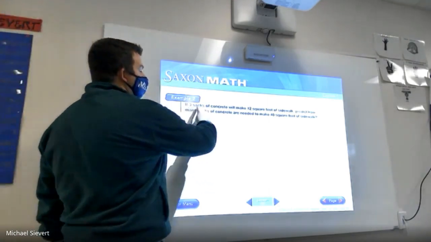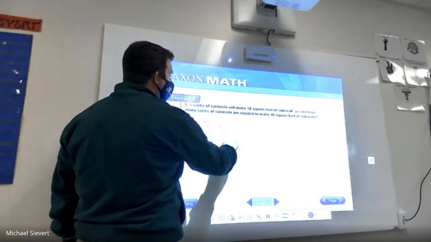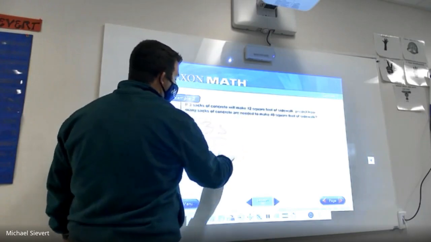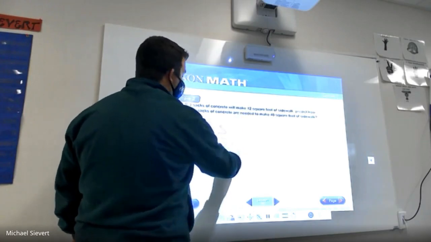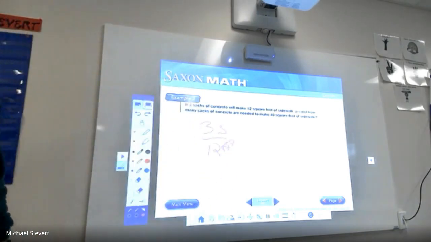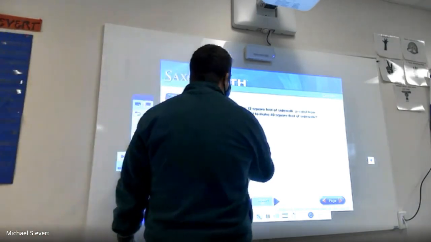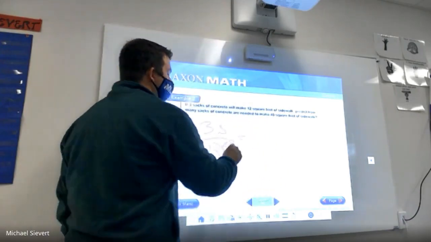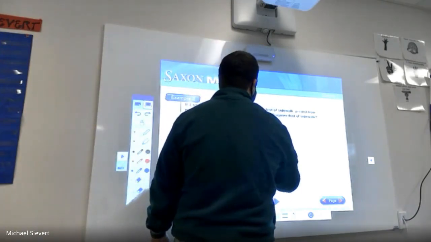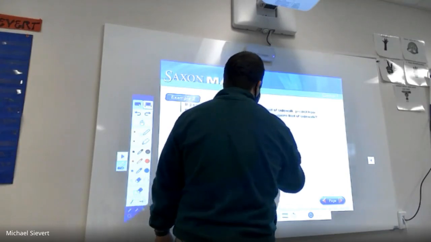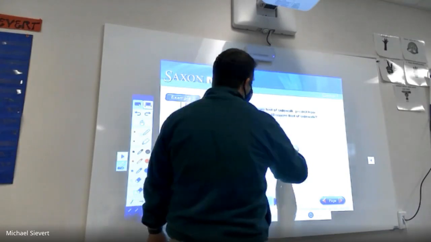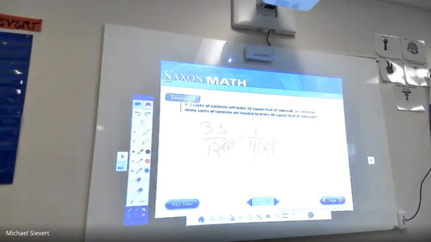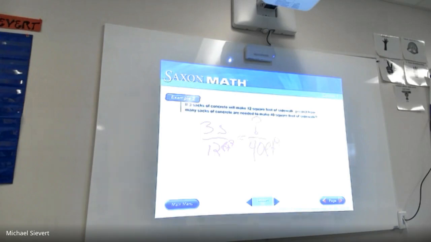Because it means you got 3 sacks equals 12 feet squared, compared to you don't know over 40 feet squared. This one you're going to have to cross multiply and divide like normal.